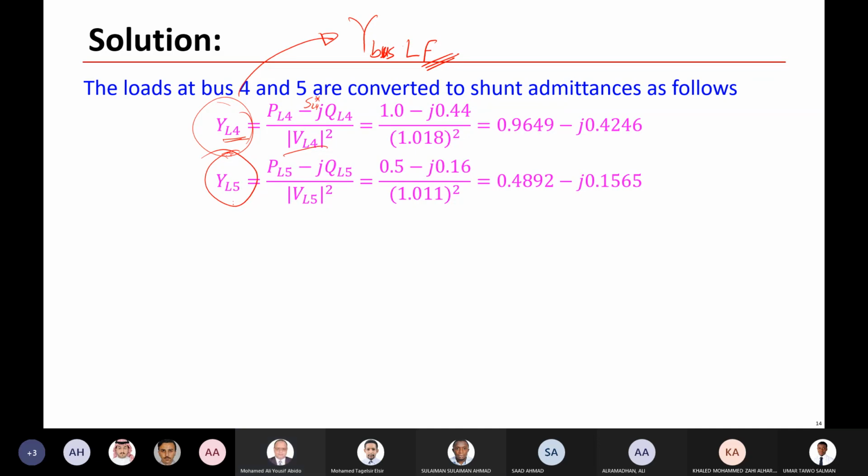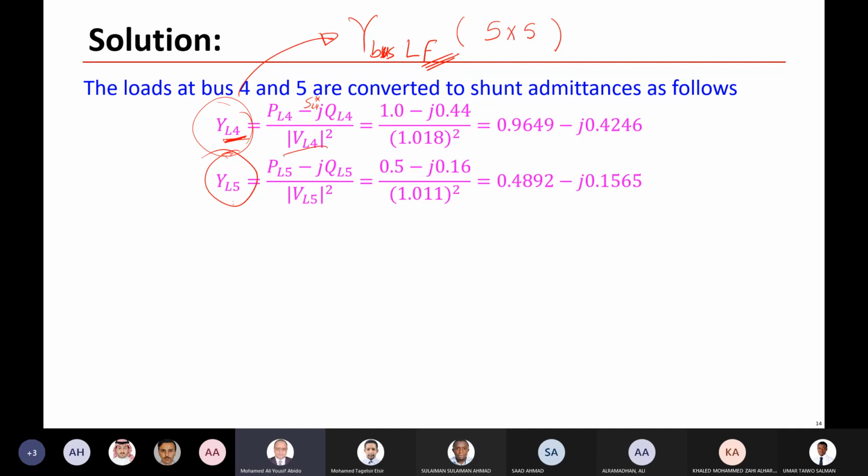Omar Salman? Omar, do you have an answer? Yes, doctor. I wanted to say that we're going to include or augment the YL in the Y bus matrix, and at the same time the X is the transient reactance for the generators. Let me ask you, Omar. Now, what is the dimension of this Y bus matrix? 5 by 5.